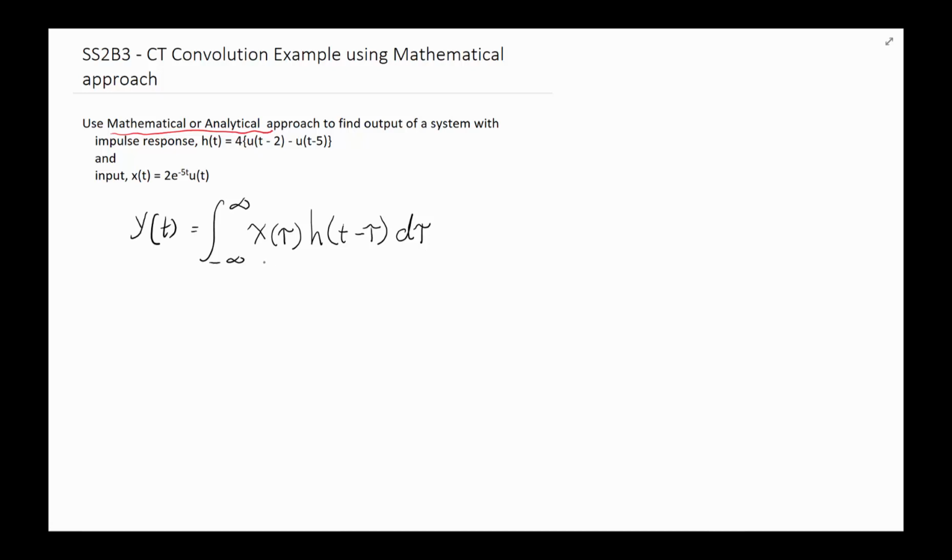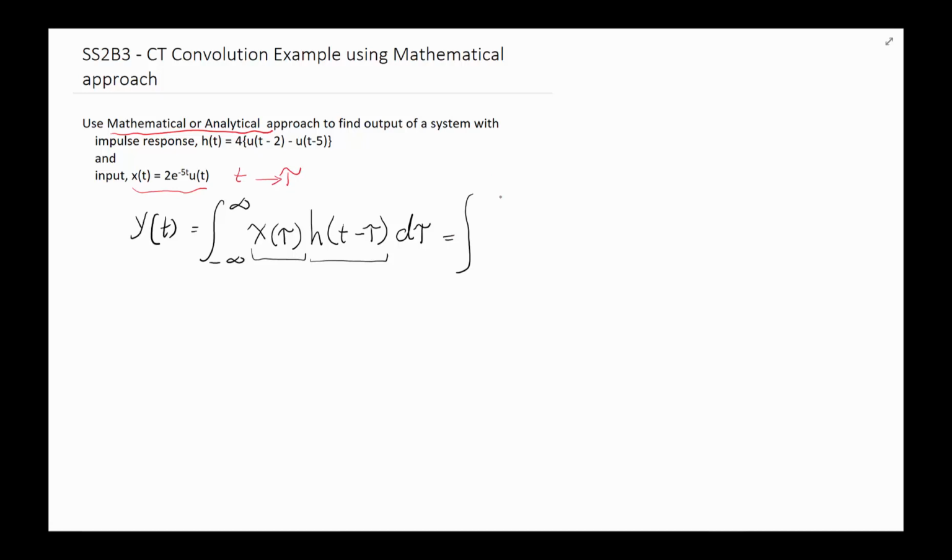In here, I've written the convolution integral, and now all we have to do is plug in x of t and h of t minus tau. The problem statement has given us x of t, so to make it x of tau, everywhere we see a t, we replace it with tau.